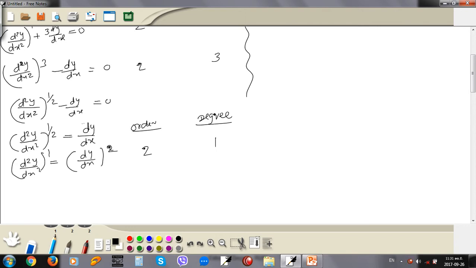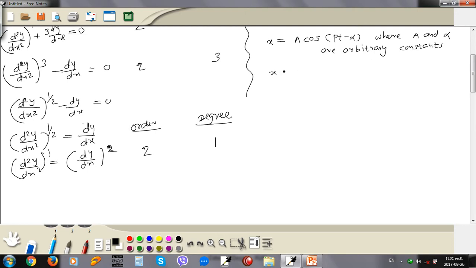So the given equation is x = a cos(pt − α), where a and α are arbitrary constants, right? They are arbitrary constants.